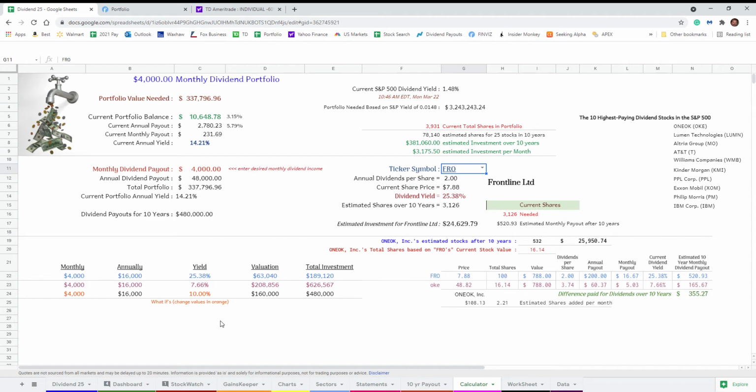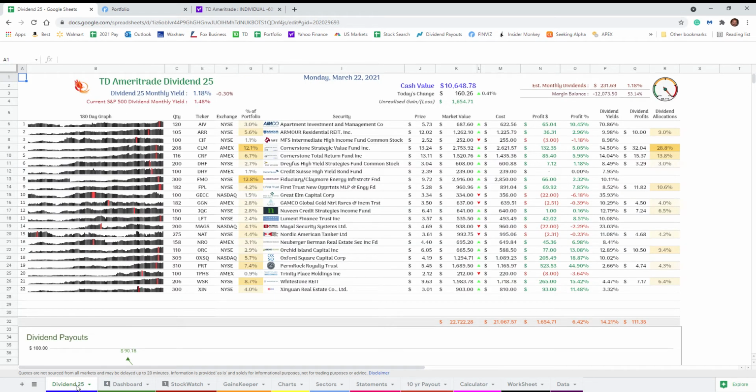Let's go back to my dividend spreadsheet here. For today's change, it looks like we're up $160.26, and I have a gain of a little bit over $1,600 on this portfolio that we just got started at the first of the year.